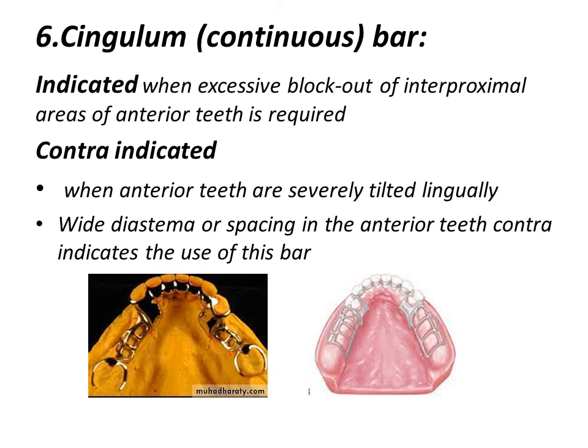It's only a bar that will extend on the cingulum of the teeth, indicated when excessive blockout of the interproximal area of the anterior teeth is required. As we see, it runs in the cingulum area with a scalloped appearance, and it's contraindicated when anterior teeth are severely tilted lingually or there is a wide diastema or spacing. The use of this bar is contraindicated.